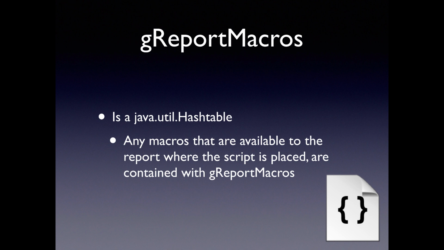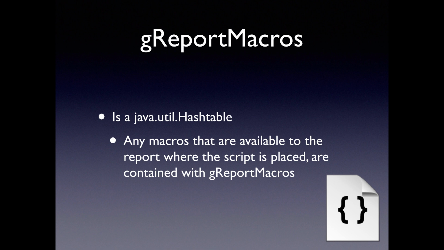And if so, then all of the unit macros will be populated in the g_reportMacros when your script is executed each time through the iteration through that list. So the key for the report macros is the macro name, and then the value is the actual value for that macro. So that's how the report macros get preserved.